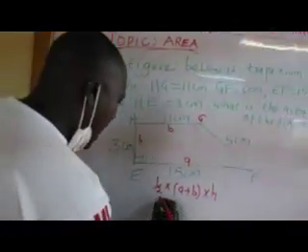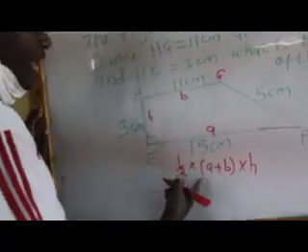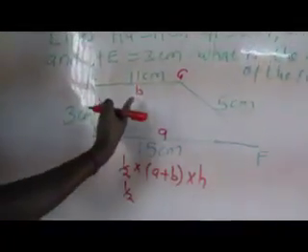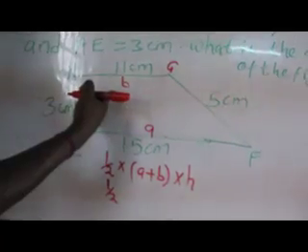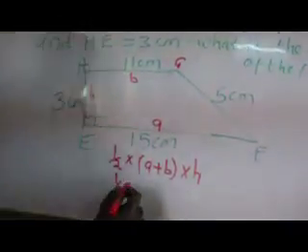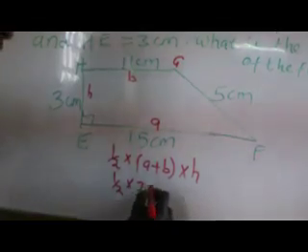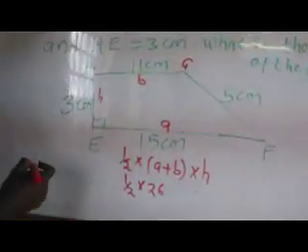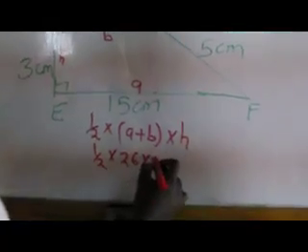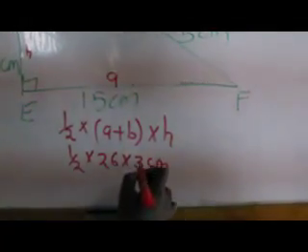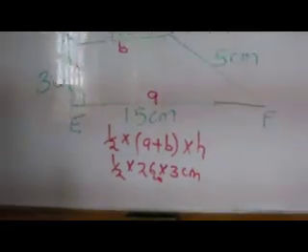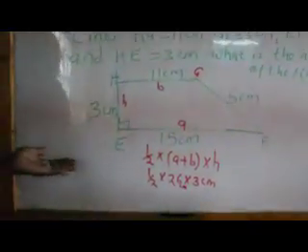We are going to say a half times the sum of A and B. A is 15 and B is 11 centimeters. 11 centimeters plus 15 centimeters is going to give us 26 centimeters. Then our height is 3 centimeters. After replacing now, it will be easy.